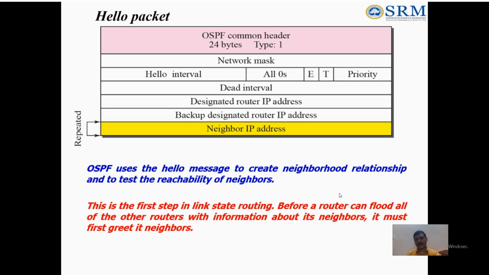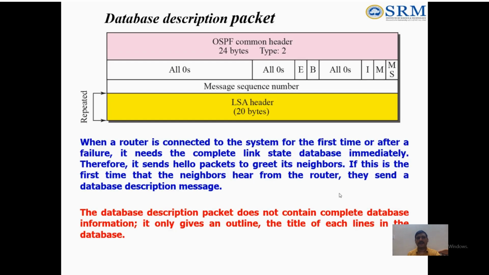If I want to transfer information to the neighbors, first I have to create my neighbors who are all available in my nearby area. First I have to create the list, then we can send the information. Simply, if I want to send some information to someone, first we have to collect to whom all I have to share the information. Once we collect the details, then we will proceed to share the information.